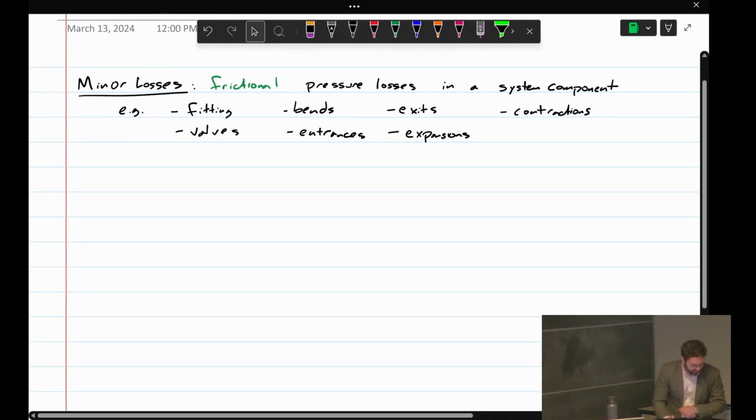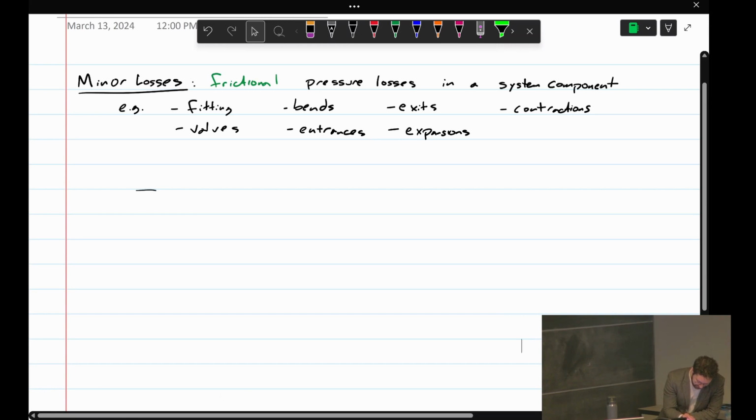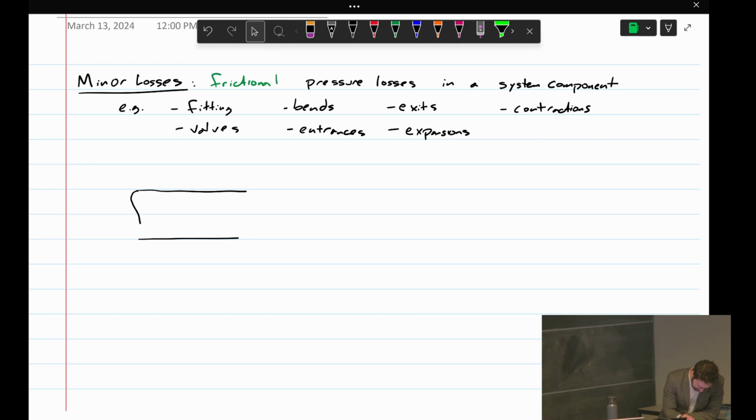So let's draw a picture just like we did with our major losses. So say we have pipe here coming into a valve.